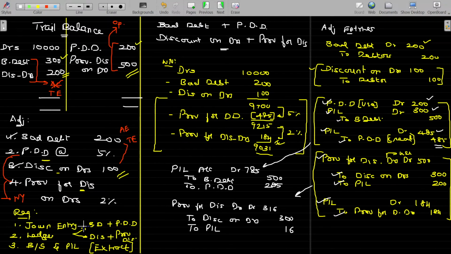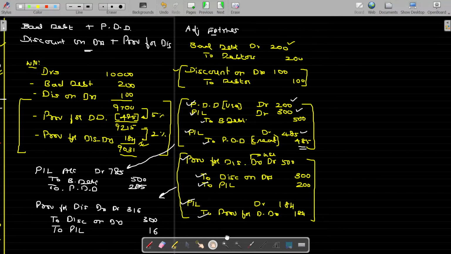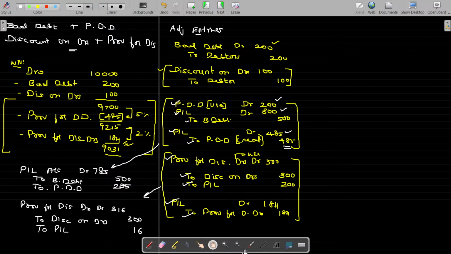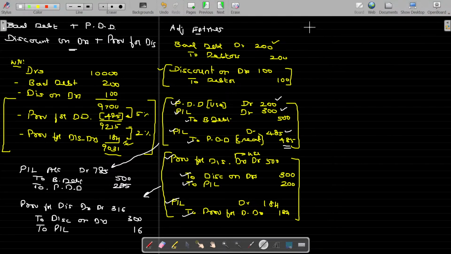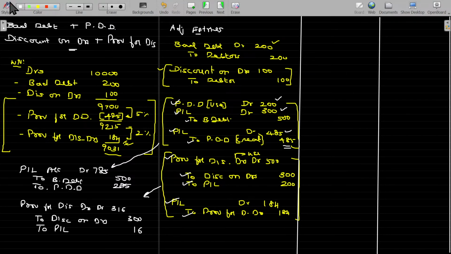We have to understand the preparation of the bad debt, provision for doubtful debts, discount on debtors, provision for discount on debtors all. Now, I will prepare that separately here. So what are the accounts going to be prepared here?